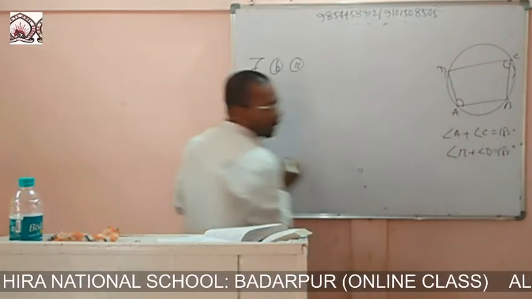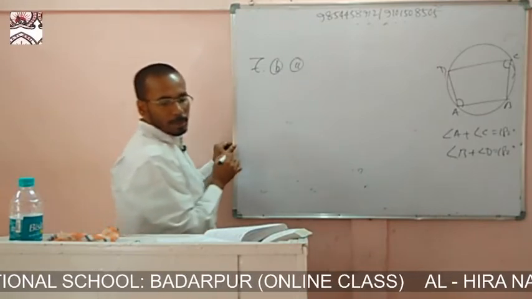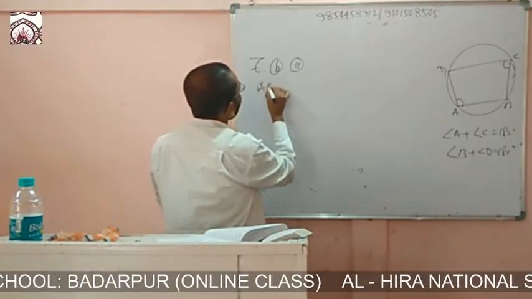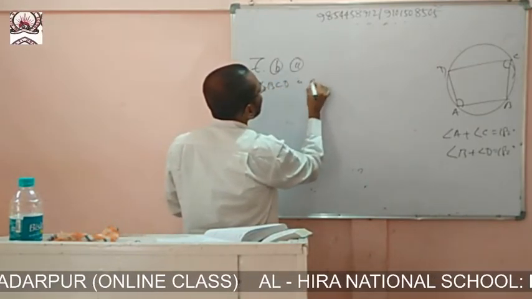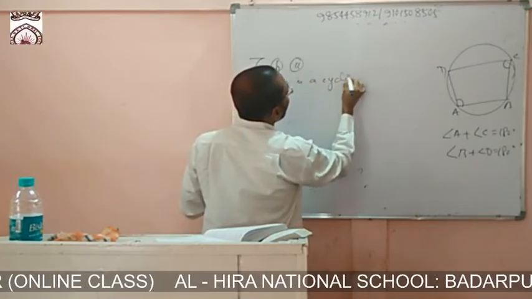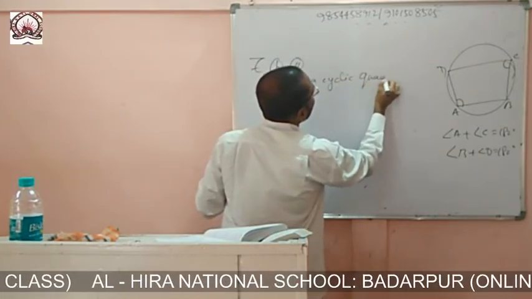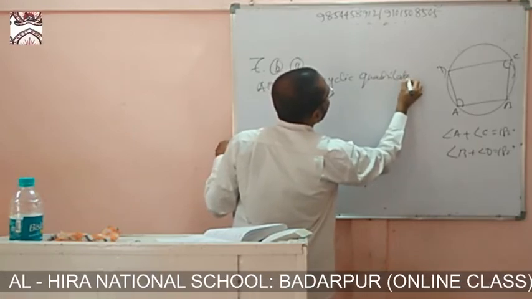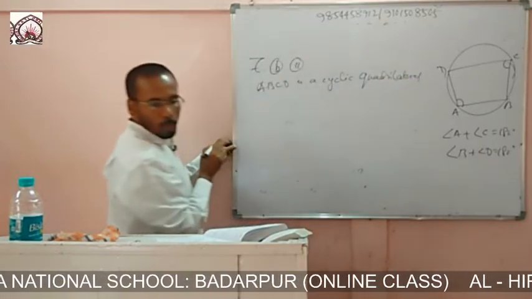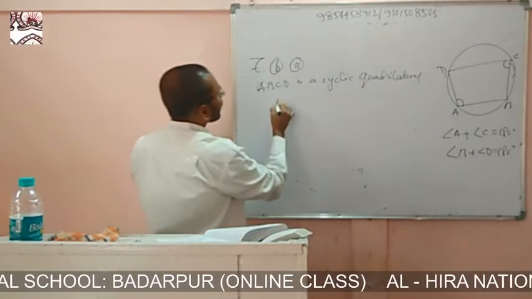And it is given that ABCD is a cyclic quadrilateral.